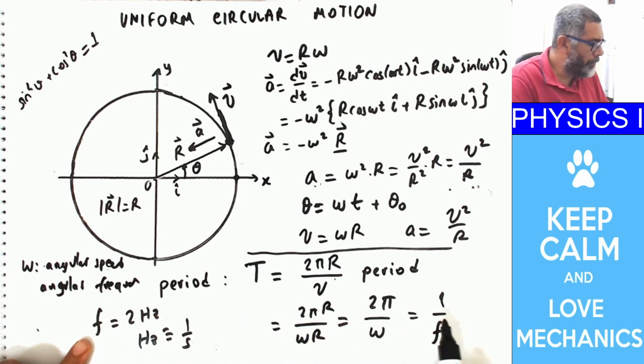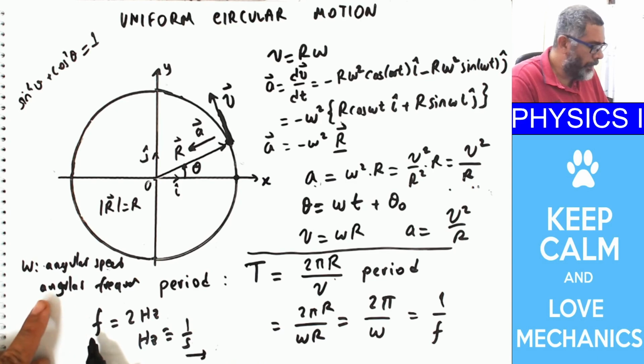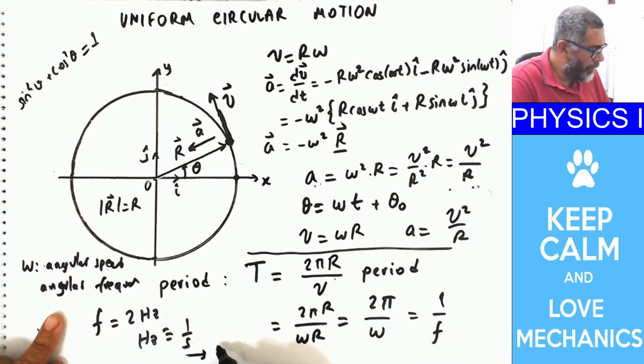It is just the inverse of the period, and from this you get a relation between the linear frequency and the angular frequency: f is omega divided by 2 pi, or omega is 2 pi times the linear frequency.